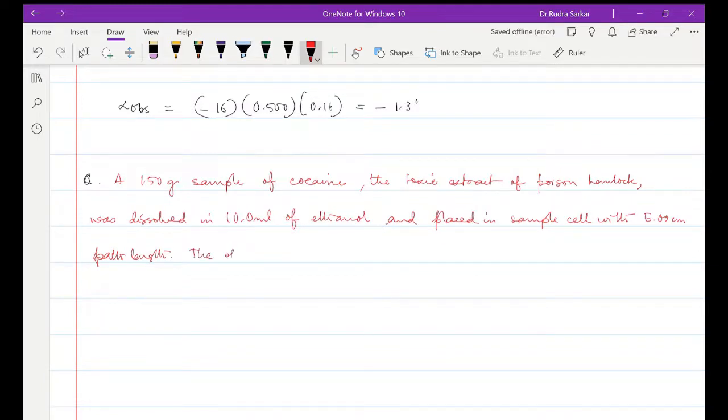The observed rotation at sodium D line was plus 1.21 degree. We got to calculate alpha d, which is my specific rotation for the coniine.